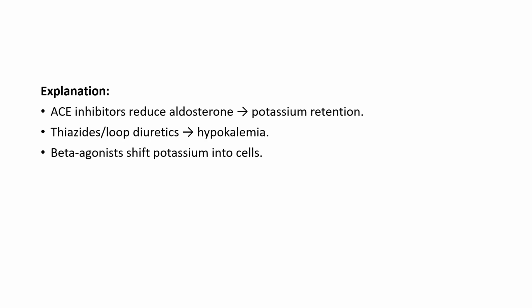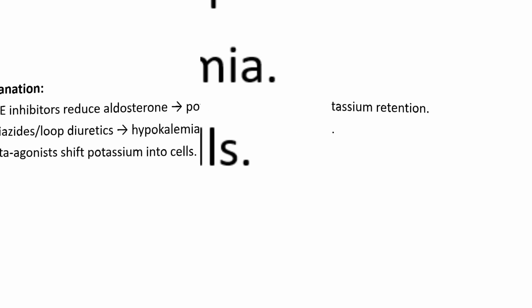Angiotensin converting enzyme inhibitors like lisinopril, captopril, and so on actually reduce aldosterone, and this results in less potassium excretion, leading to hyperkalemia. Thiazide and loop diuretics will cause potassium loss and lead to hypokalemia. Beta agonists shift potassium into cells, actually lowering serum potassium.